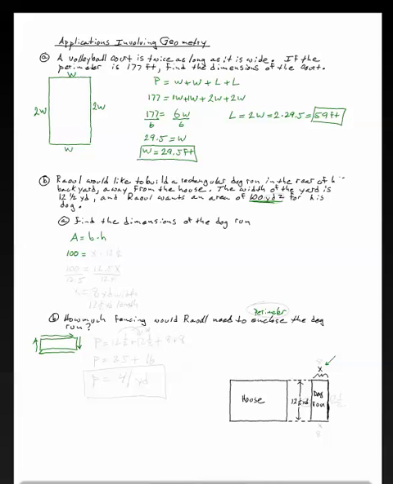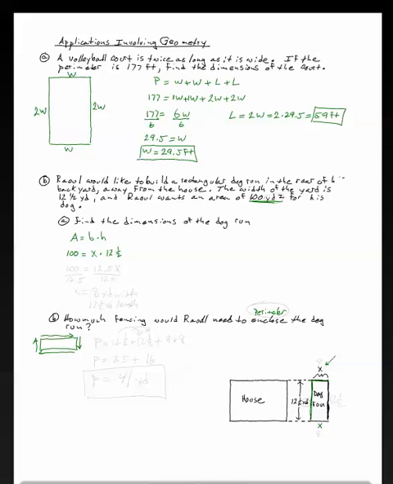Now we've got the base and the height. The base is usually the bottom of the shape, but we know that we've got X here, so the other base has to be X as well. So we've got X times, now the height here is going to be the width of the yard. So that's 12.5 yards.